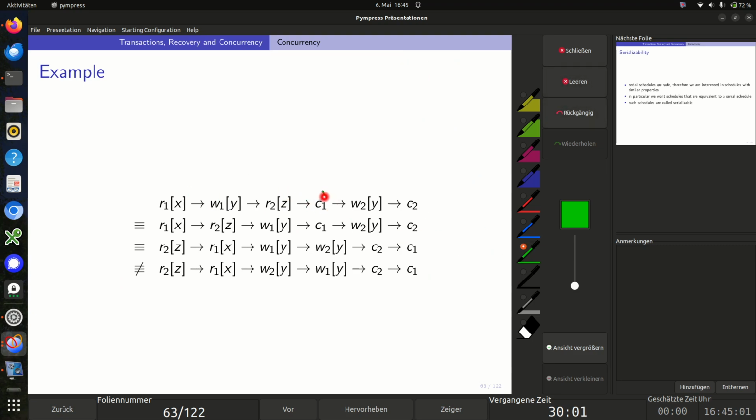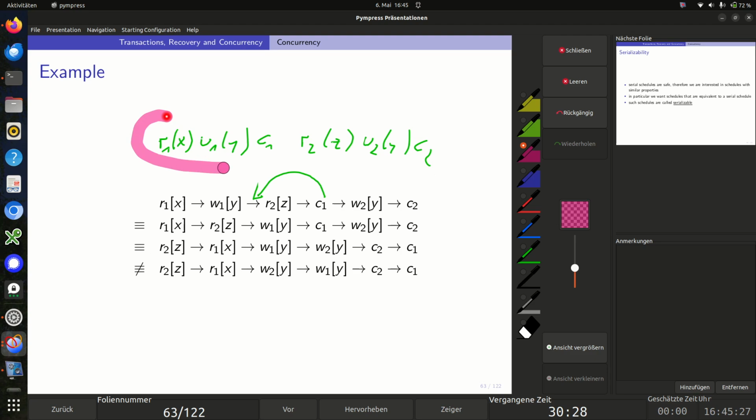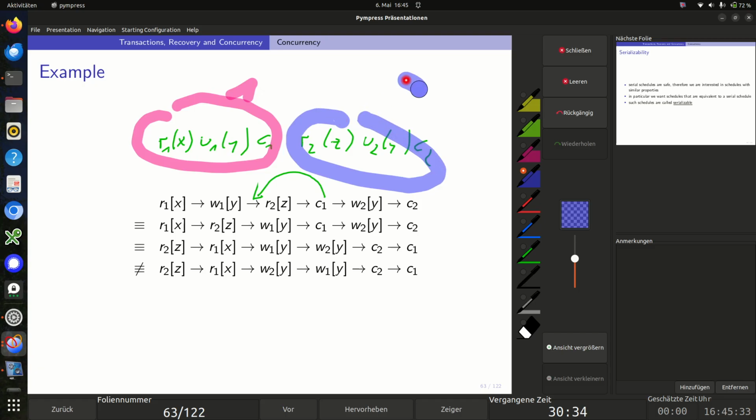Here we would move commit 1 left, so we would have the same schedule but in a different order: write, commit 1, and then the read of Z and the write of Y. You see we have first all the operations of transaction 1, and then all the operations of transaction 2. So this would be a serial order.